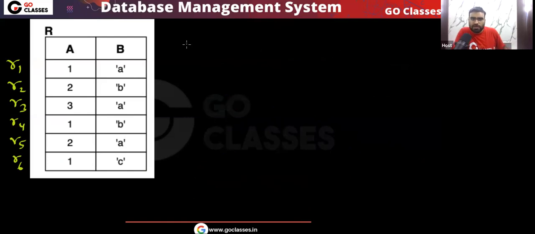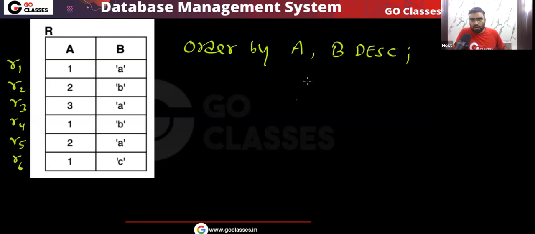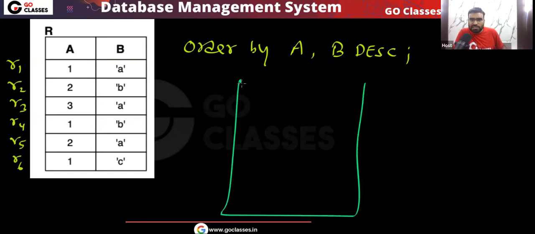Very simple point. Now you tell me one more thing. If I ask you order by A, comma, B DESC, now tell me the answer. Remember, A ascending, B descending. First priority is A. When A values are the same, then look at B. First priority A means these tuples come first.